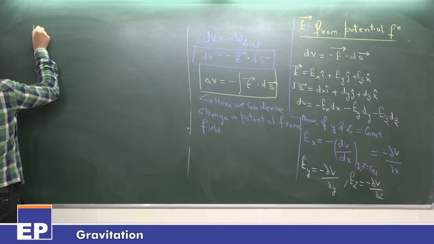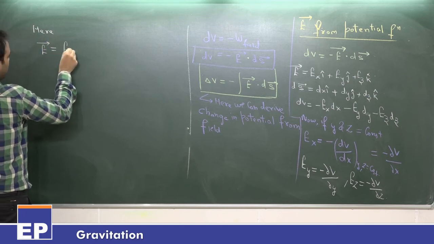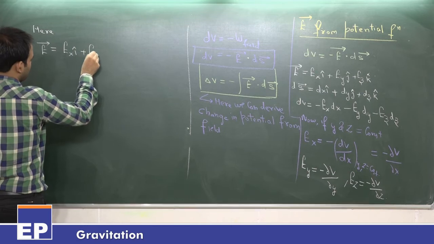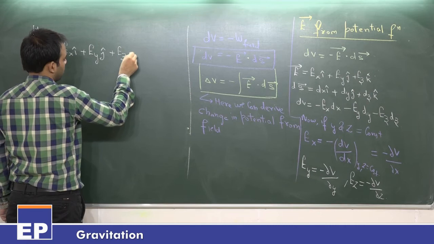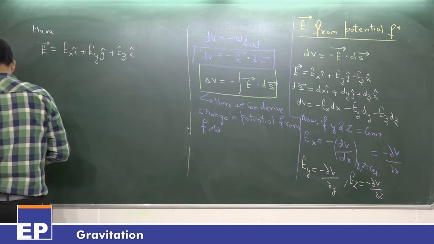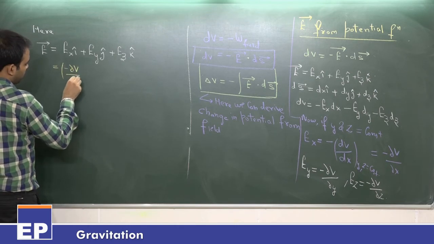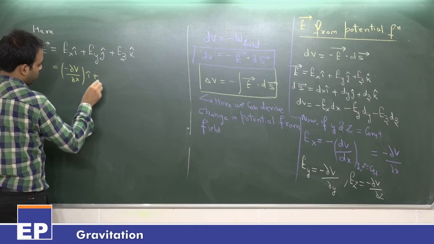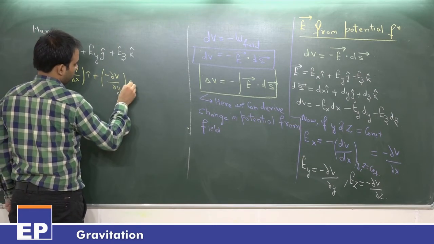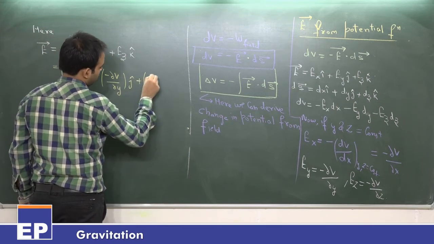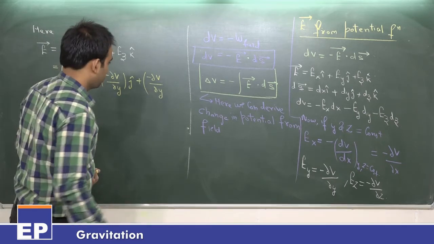Here E will become equal to Ex i cap plus Ey j cap plus Ez k cap, that is minus del V by del x i cap, minus del V by del y j cap, minus del V by del z k cap.